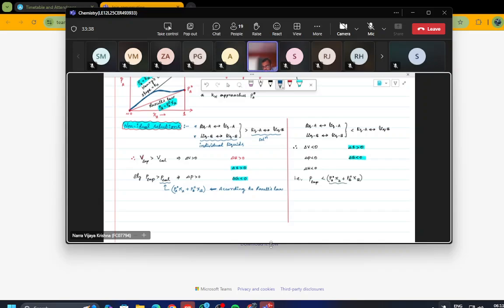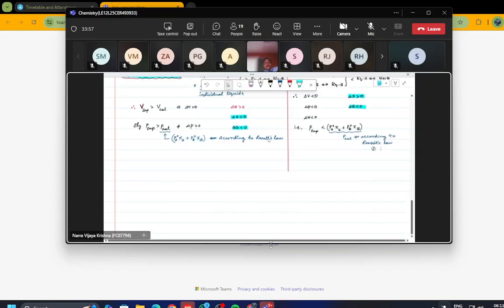What is this? This is nothing but P calculated. Any questions? Now I am plotting a graph again.